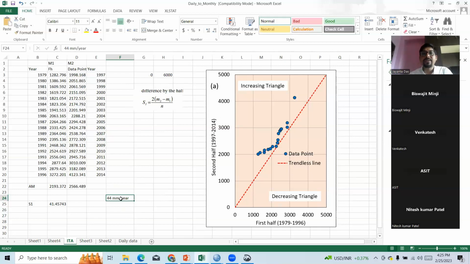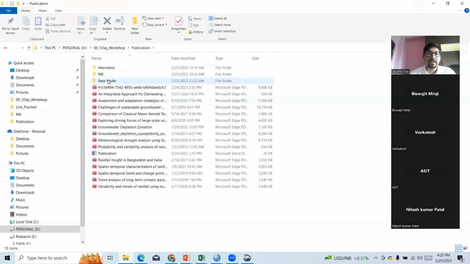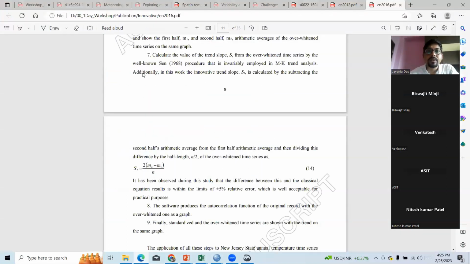Now, the problem is that if we want to compare with other methods like Sen's slope estimator or the Mann-Kendall test, we have to consider another technique, and I have used this method also. I think I have written it clearly in my publication. Let me check.